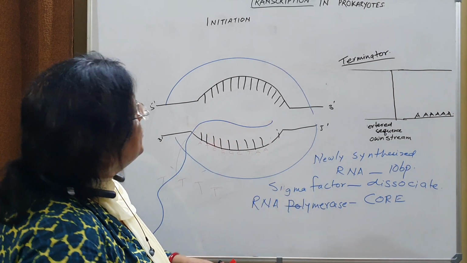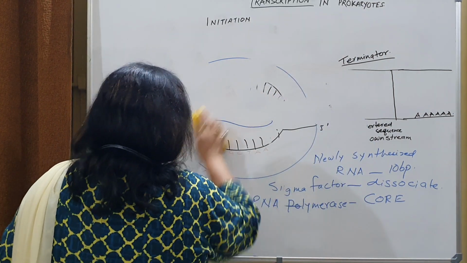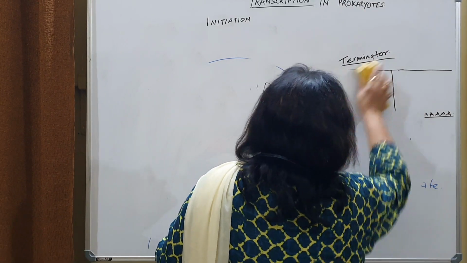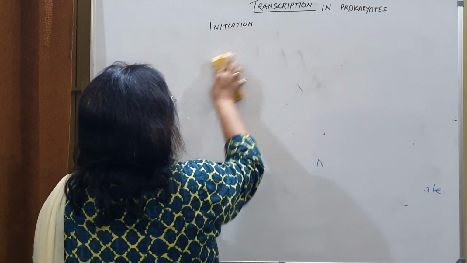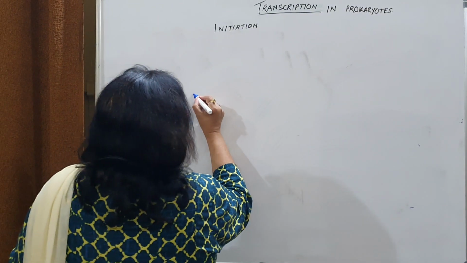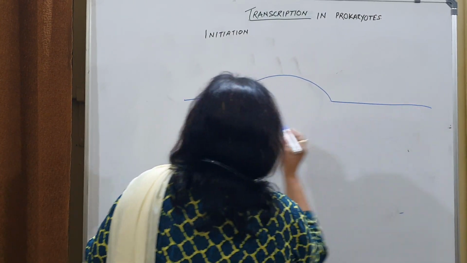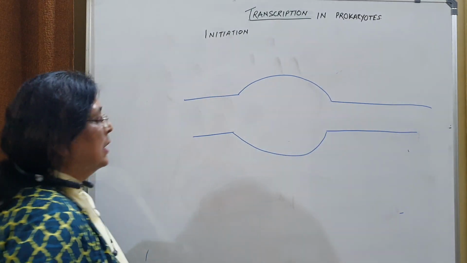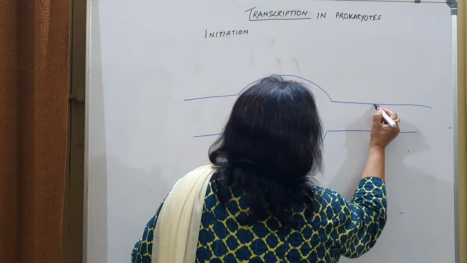Now once the polymerase reaches the termination site, the RNA strand is continuously being formed by the process of elongation. The new bases are being added to it and it is elongating in length. Here is the termination site.